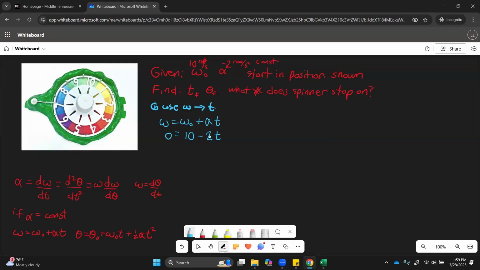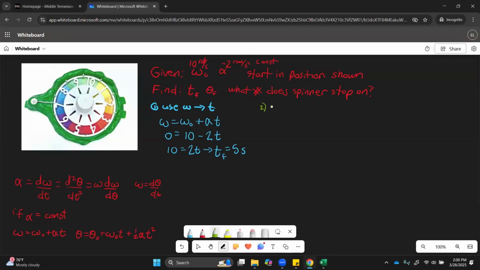So 0 equals 10 minus 2t. Rearranging, 10 equals 2t, so t final is 5 seconds. Now we can take this 5 seconds and plug it into the theta equation to find the angle.